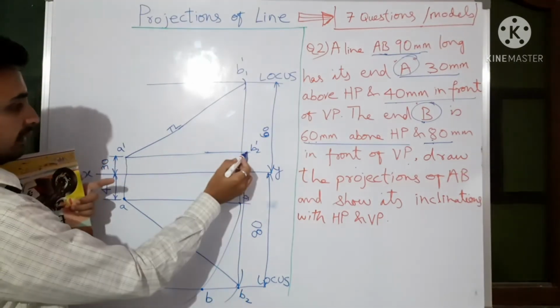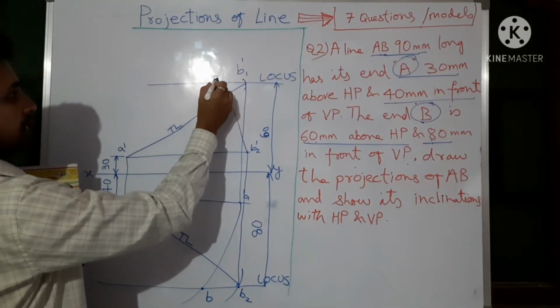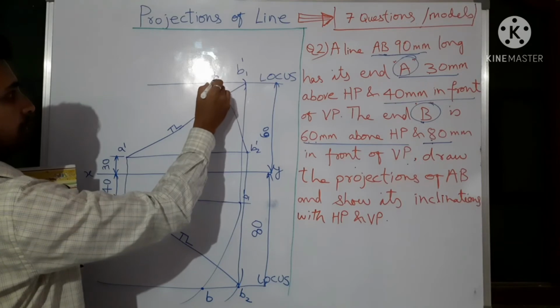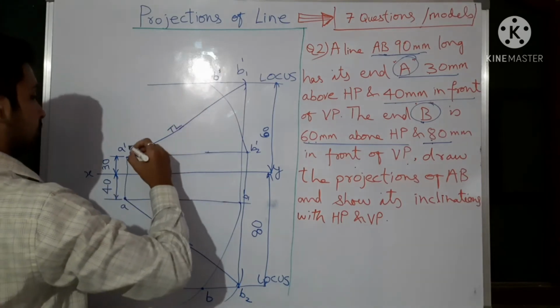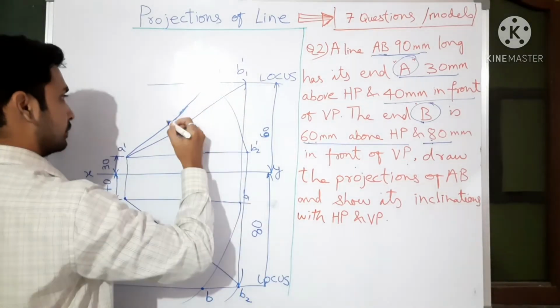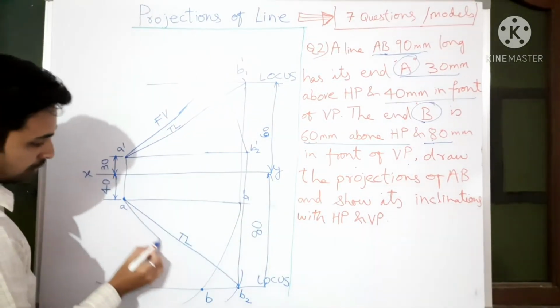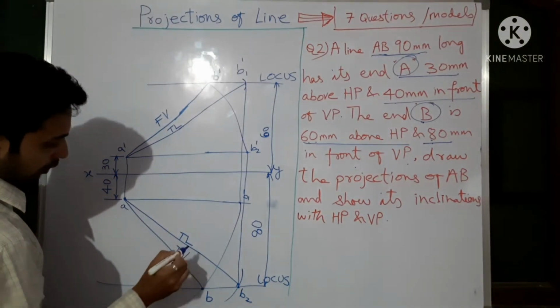Take this as a radius and rotate it, and somewhere here you get the other end B dash. Join these two, this is your front view. Join these two, this is your top view.